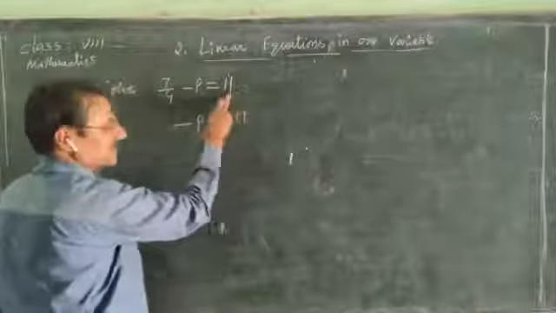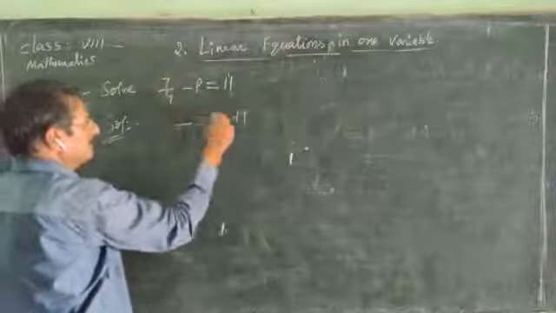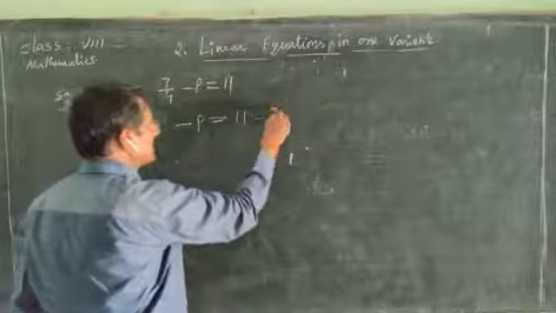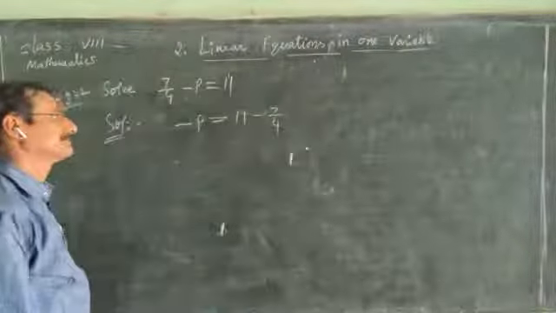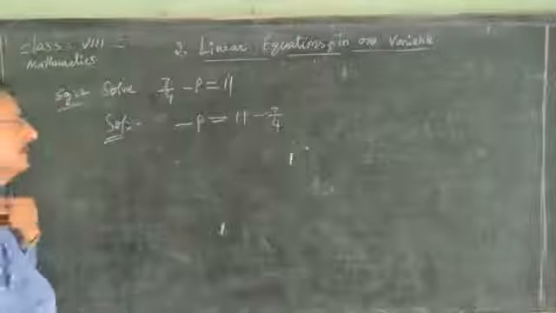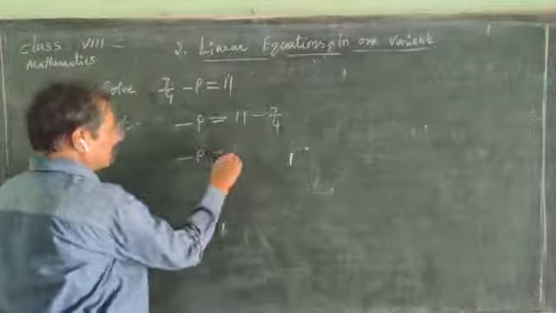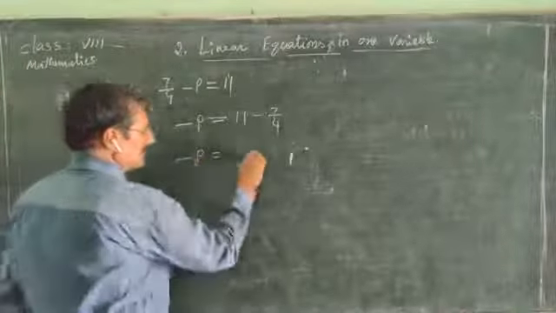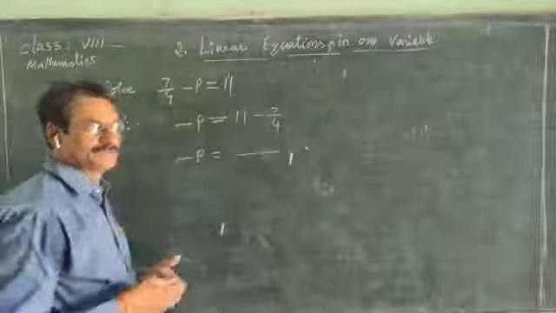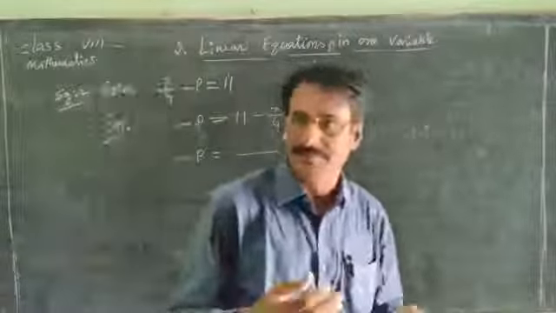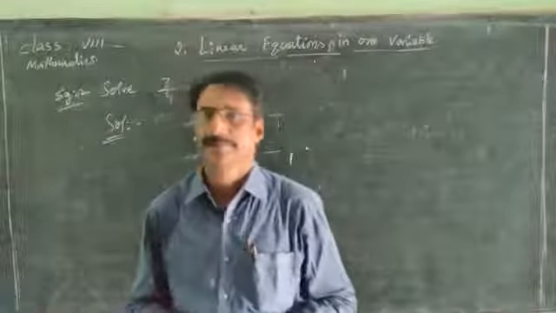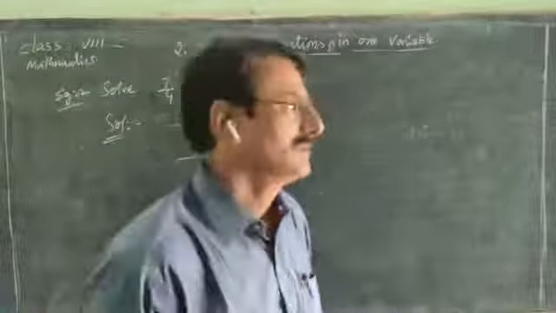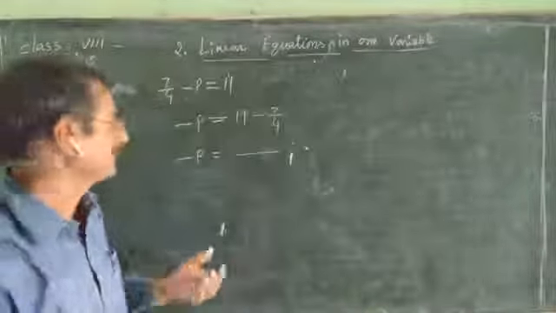Already 11 is there on the right side, and it becomes minus 7 by 4. So minus p equal to, we can simplify this. Already we observed in the 7th class how to subtract and add fractions. Generally we use the LCM method.